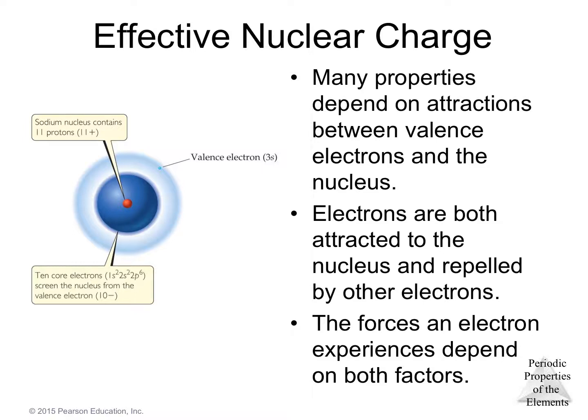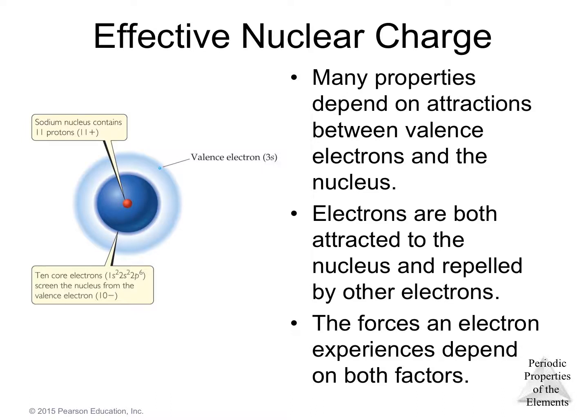The effect that these inside electrons have on this outside electron is referred to as shielding. These electrons are shielding that electron from feeling the full nuclear force. So this electron's only going to feel part of what it would normally feel from the nucleus because these other electrons are pushing it away.